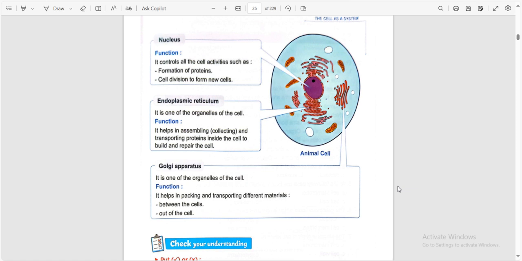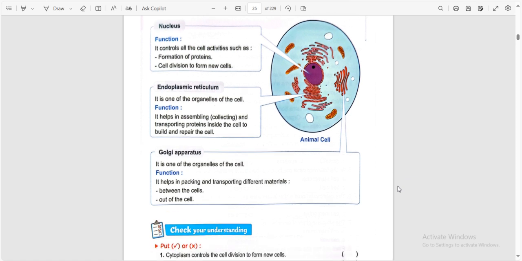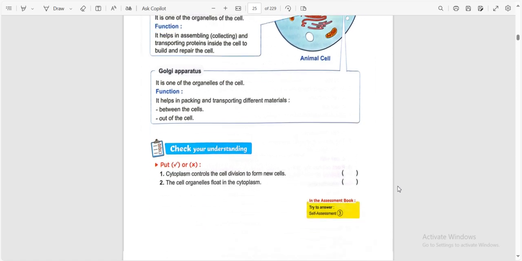And it has a very important function, which is assembling or collecting and transportation of proteins inside the cell to build and repair the cell. Finally, we have the Golgi apparatus, and it's also one organelle of the cell, and it helps do two things. It packs and transports different materials between cells and out of the cell.